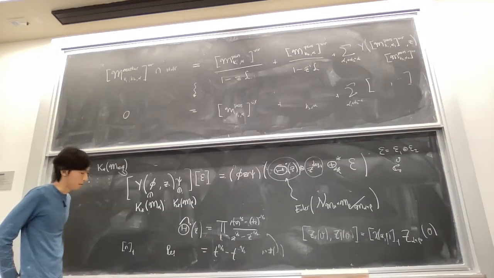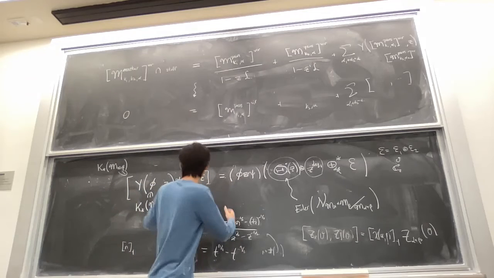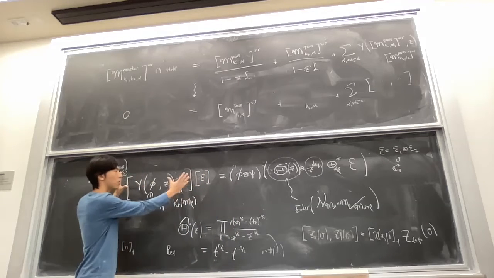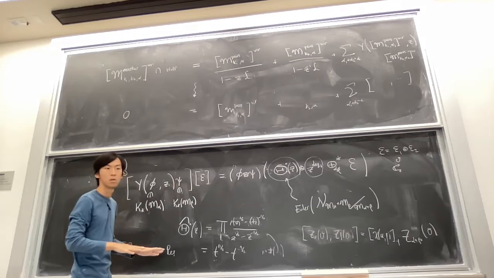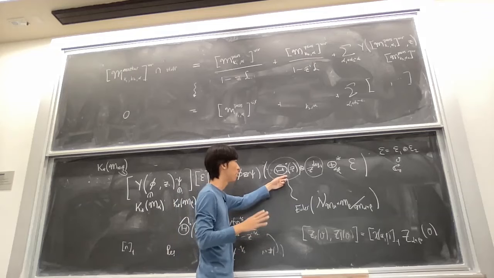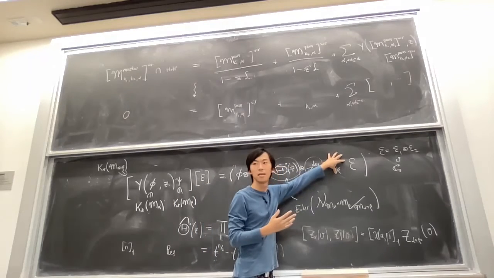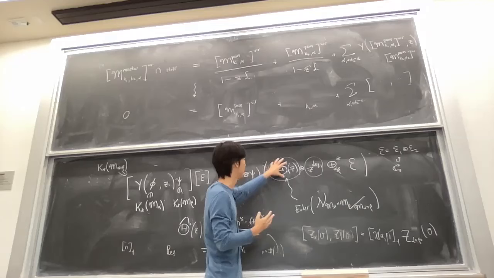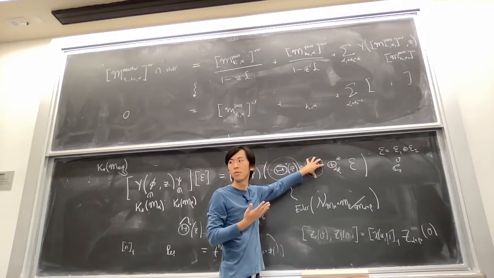So I should say, the fact that this expression that I wrote down here forms a vertex algebra for you is completely formal. You just have to assume some compatibility of this object with this pullback, and some compatibility of this object with this Z to the power of the degree operator.